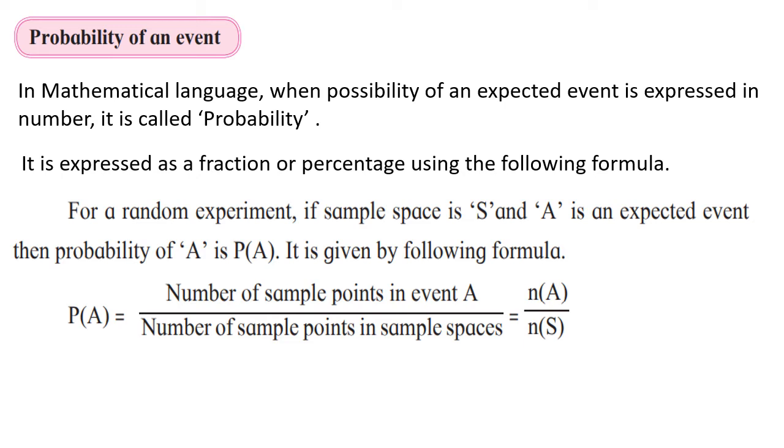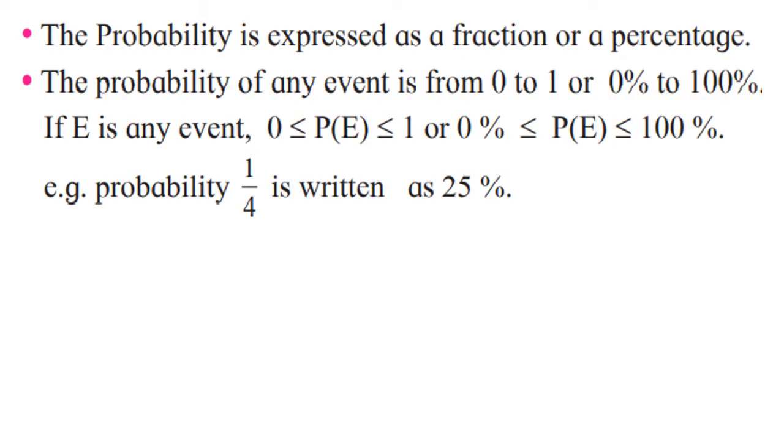Now let's see the properties of probabilities. So here the first thing we can say is that the probability is expressed as a fraction or a percentage. Then the probability of any event is from 0 to 1. That means probability cannot exceed 1. It cannot be negative. It is always from 0 to 1 or 0% to 100%.